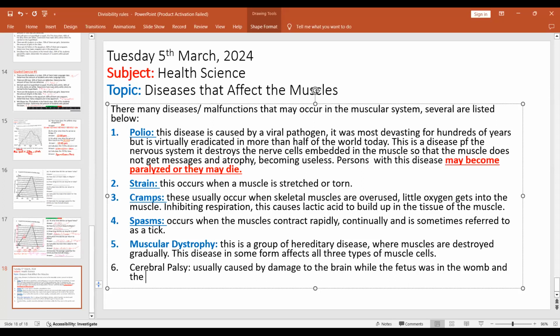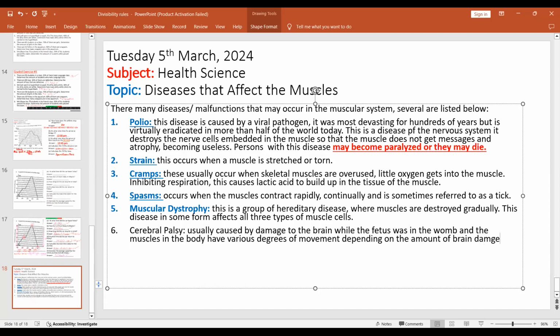And the muscles in the body have various degrees of movement depending on the amount of brain damage occurred or incurred.